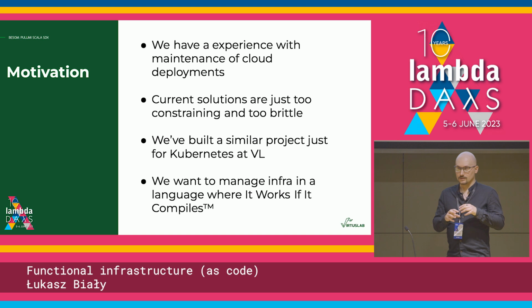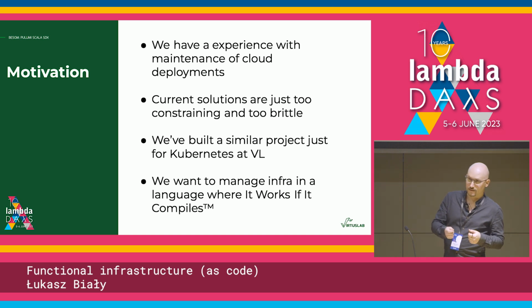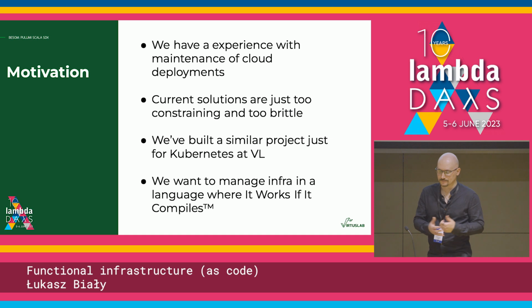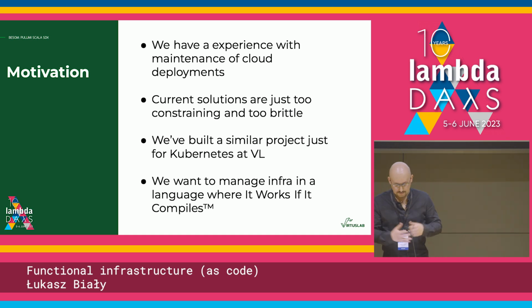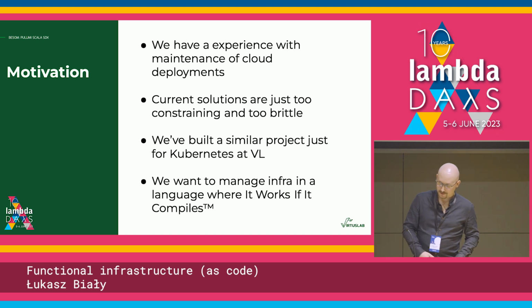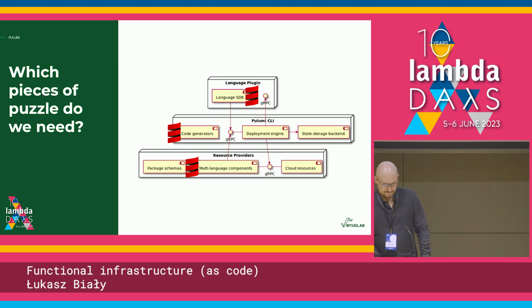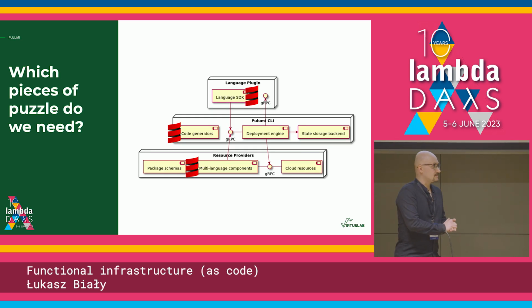So you couldn't, for instance, connect SNS to an application that was only exposing an HTTP endpoint, because that doesn't make sense. And in the end, like I mentioned, we wanted to manage infrastructure with a language where it just works if it compiles.